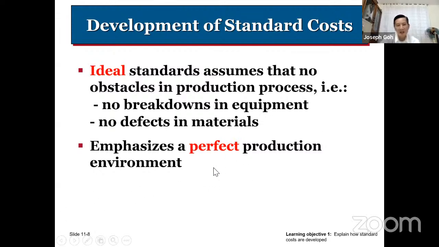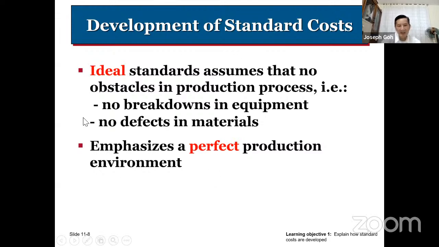To be fair to the manager handling the production department, there's no perfection in terms of ideal standard. We cannot guarantee there is no breakdown of the equipment, or that there is no defect in the material. So ideal standard is very unlikely to be used when we come to the development of standard cost.